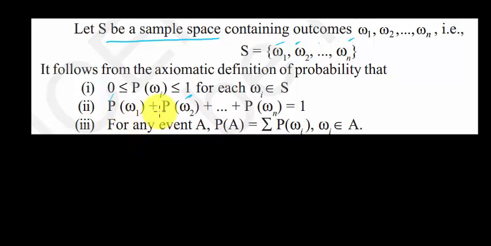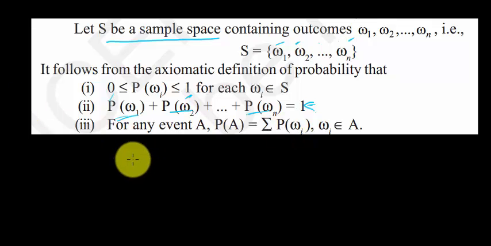It also states that if you add up the probabilities of the individual elements, it will always give you 1, and 1 is actually the probability of the sample space. We will understand this. For any event defined on this sample space, the probability of the event is given as the sum of the probabilities of the elements belonging to that particular set itself.